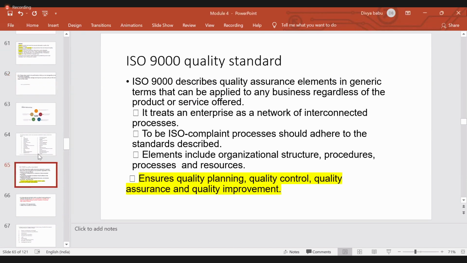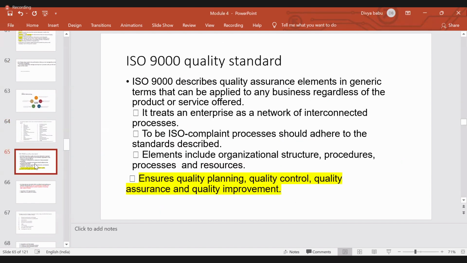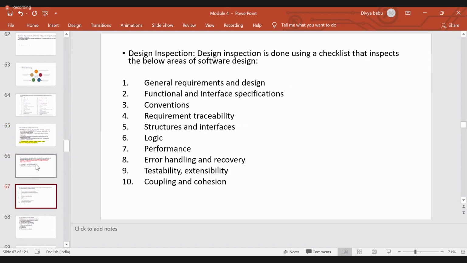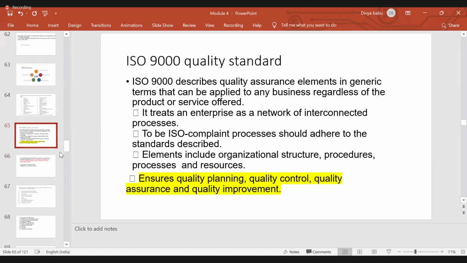Next, these are some companies which already implemented using these methodologies. Next is the ISO 9000 quality standard.